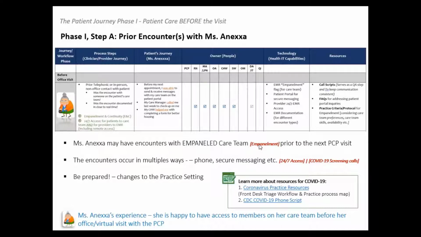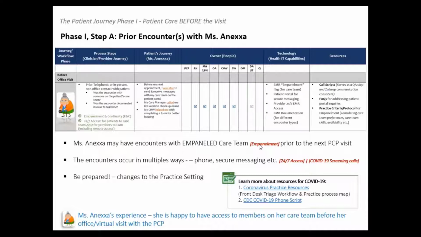Now, starting with prior encounters you have with the patients before the office or virtual visit. In this phase, anyone on the care team can interact with the patient for various reasons, either to remind them of their appointments or to follow up on any needs that they may have. The encounters occur in multiple ways, either by phone calls or through secure messaging using technology such as EMRs.